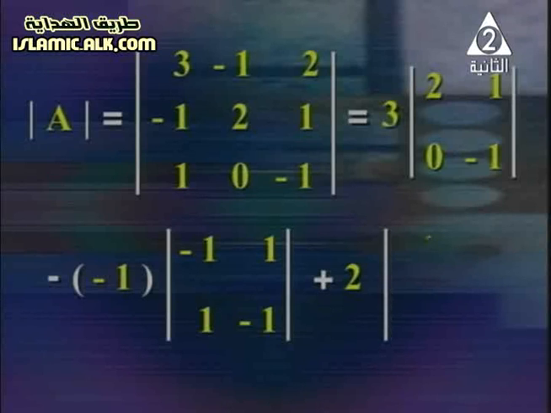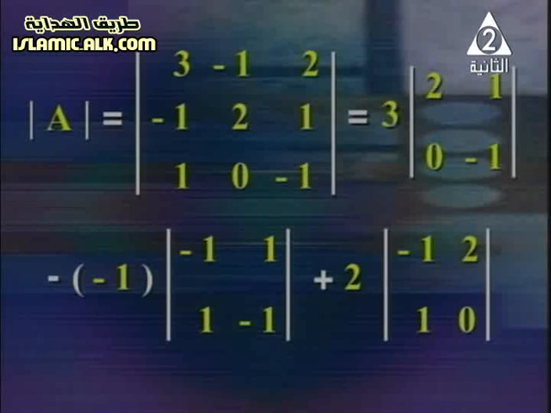Remember, dear student, each element in the first row has a minor determinant. 3 has determinant [2, 1; 0, -1]. -1 has determinant [-1, 1; 1, -1]. 2 has determinant [-1, 2; 1, 0].